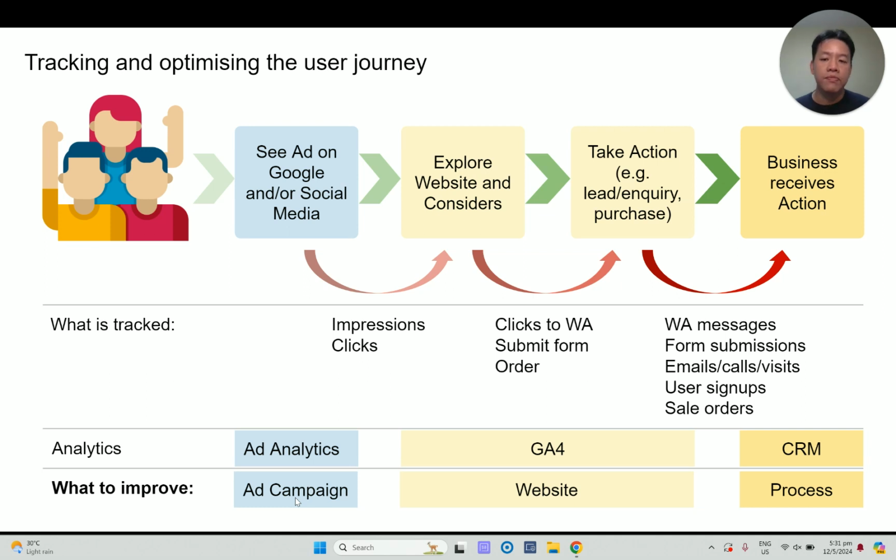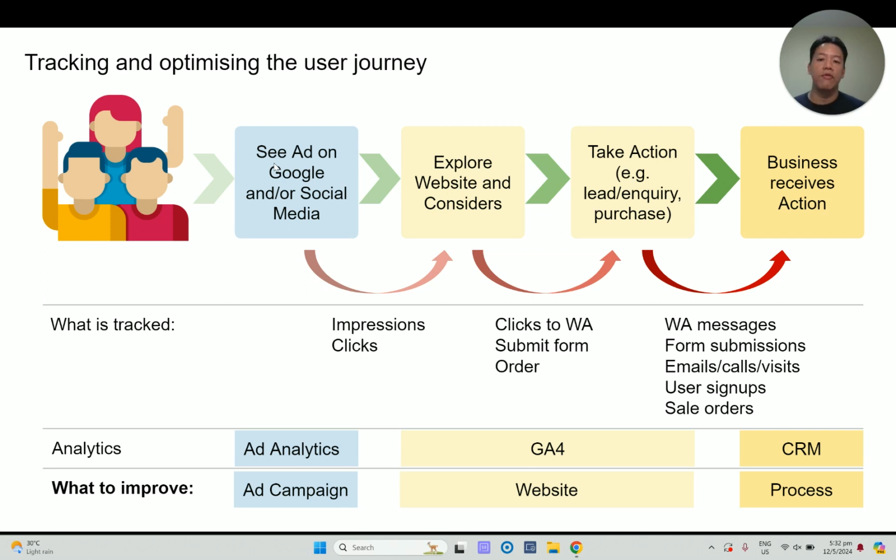And so typically, how would we know what to fix? Now, in the case of Google Ads, it's probably slightly more obvious, because in Google Ads itself, besides the impressions and clicks that your ads are generating, you are also able to see auction insights, where Google shows you how your ad campaign performs against some of the competitors that are similarly bidding for the keywords that you're bidding for, right?